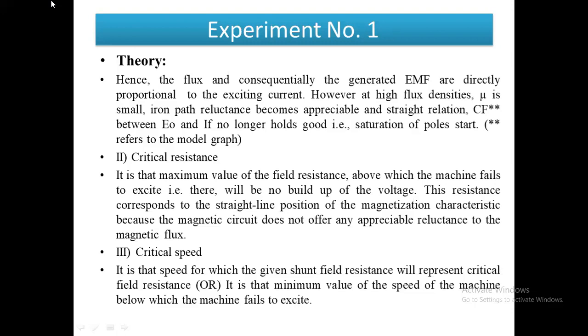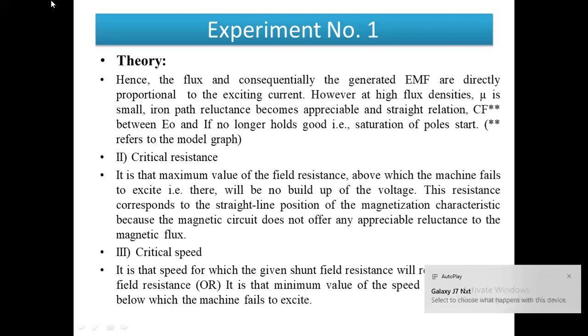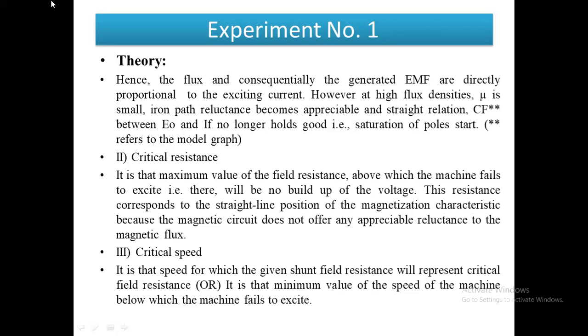Above that resistance the machine fails to excite, meaning excitation is not provided to the machine. That means zero current will be provided. There will be no build-up of voltage.